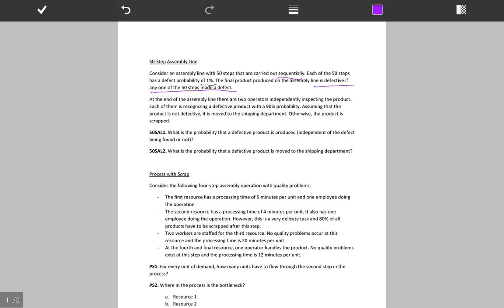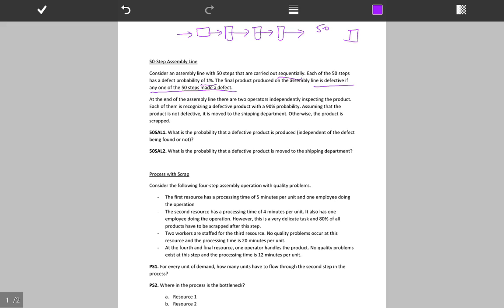Well, we can think of this as the linear production model assembly line that we saw in the class. That is, the product is made by going through a serial 50 steps, and the product would be called good only if none of them make a mistake.